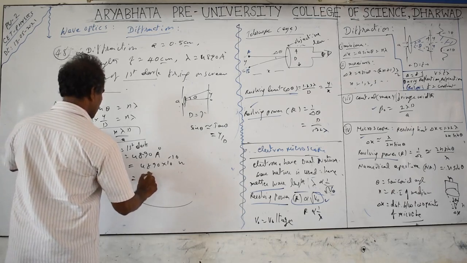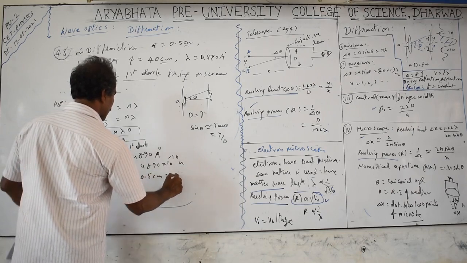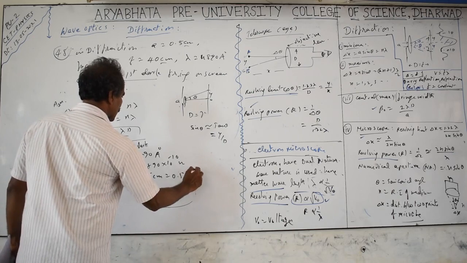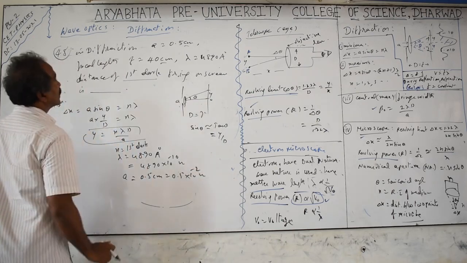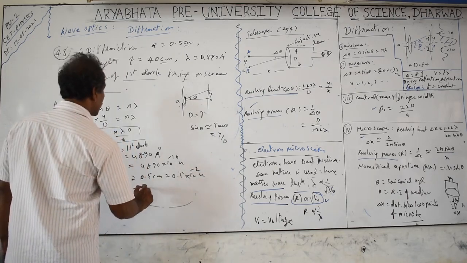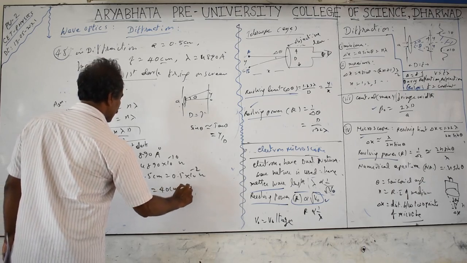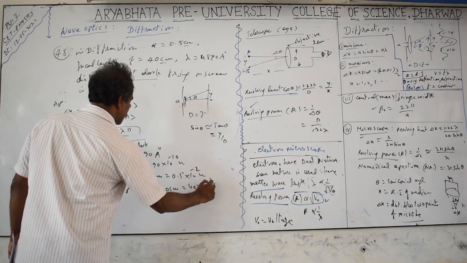a is equal to 0.5 centimeters, that is 0.5 into 10 to the power of minus 2 meters. And f is equal to D, equal to 40 centimeters, 40 into 10 to the power of minus 2 meters.